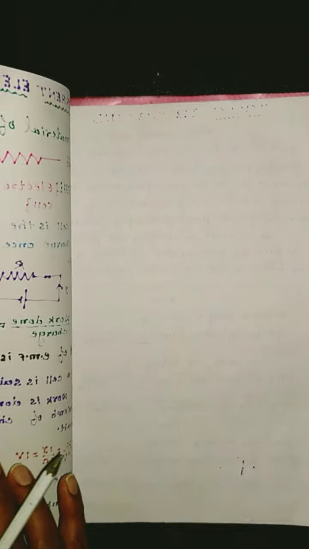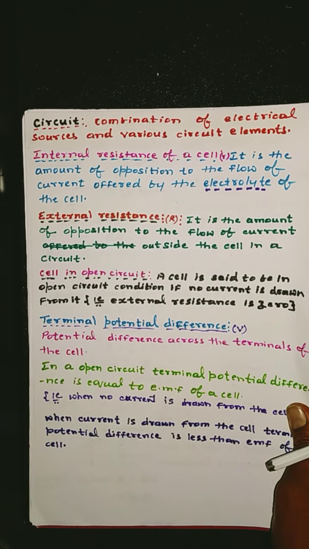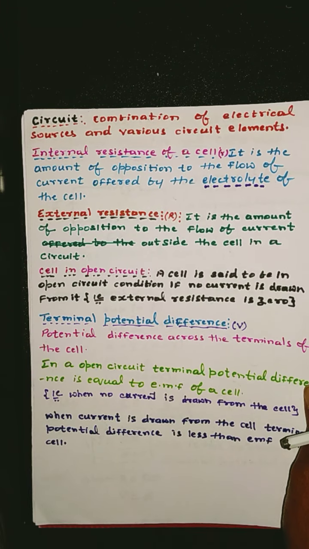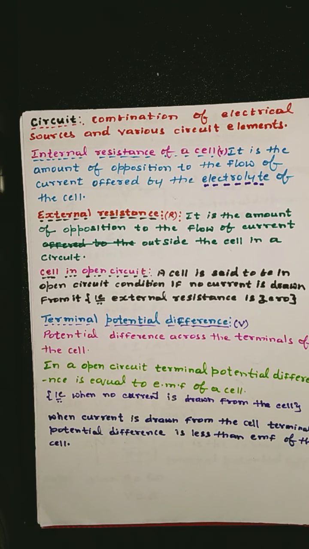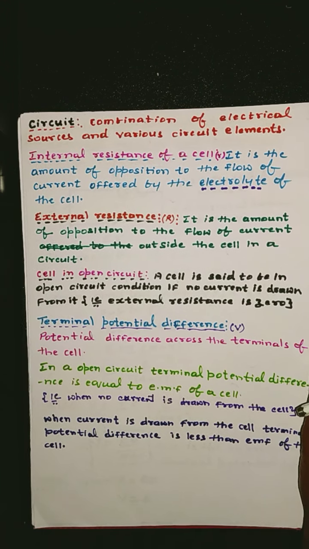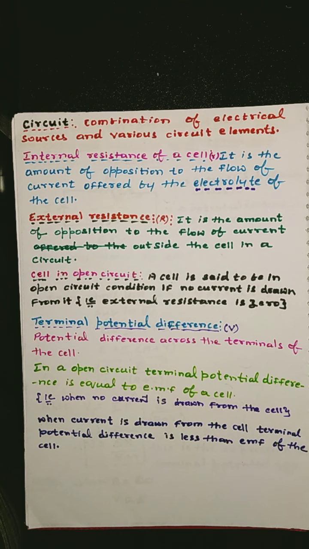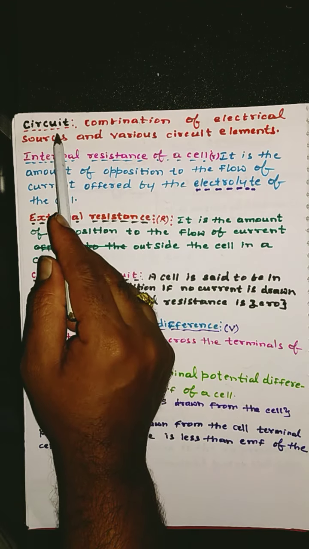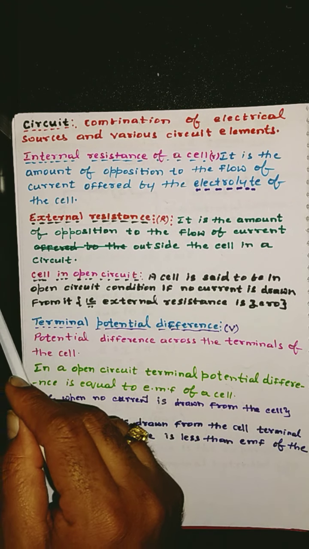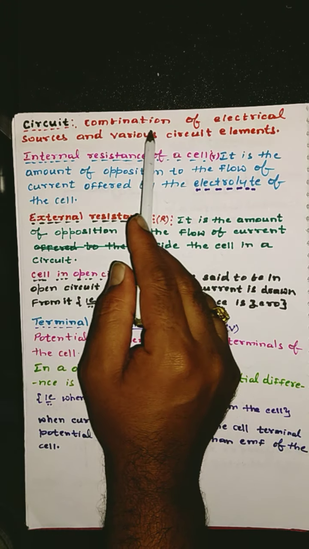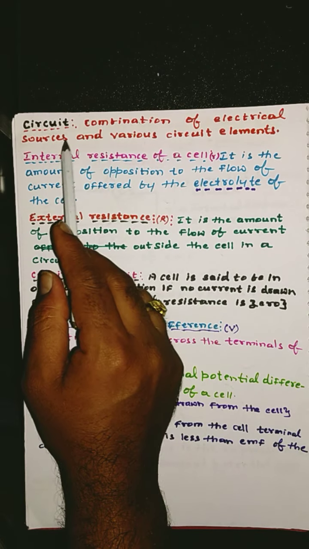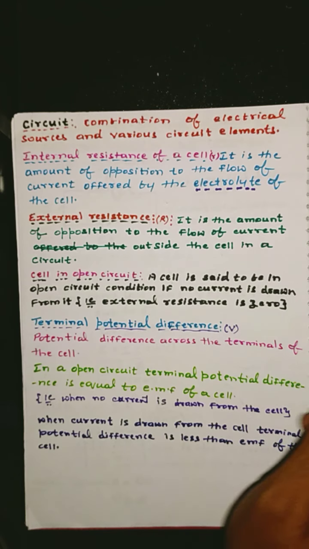Okay, next to this, we have to know what is a circuit. See, a circuit is a combination of electrical sources and various circuit elements.